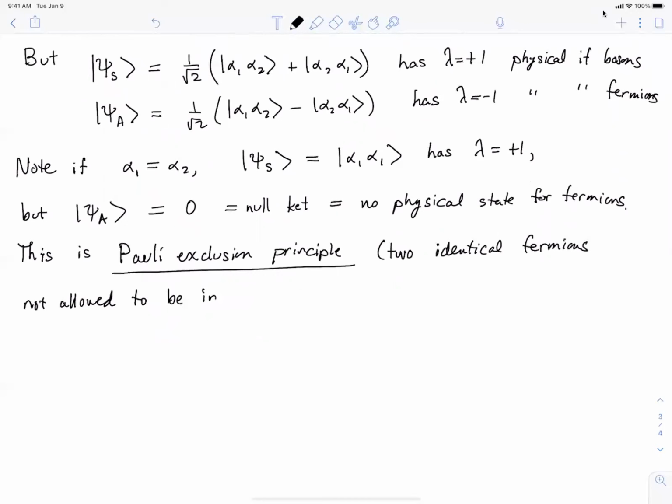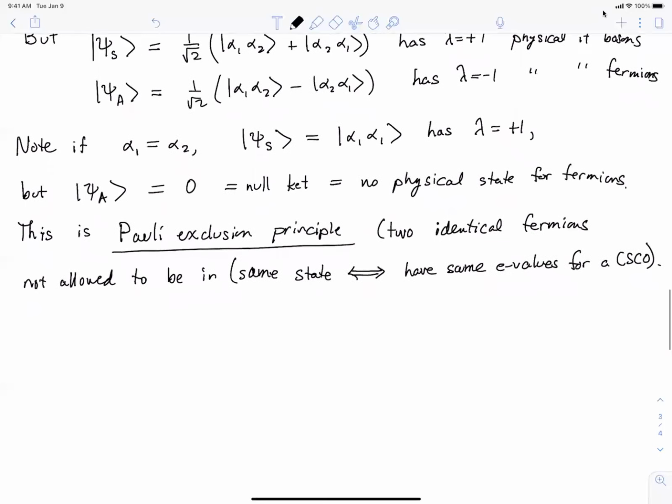But more precisely, what that means is for them to be in the same state means they have the same eigenvalues for a complete set of commuting observables. Okay, so that's for two particles.